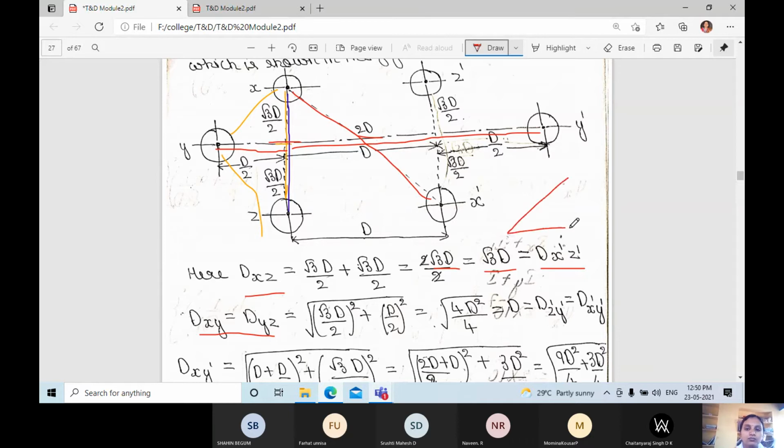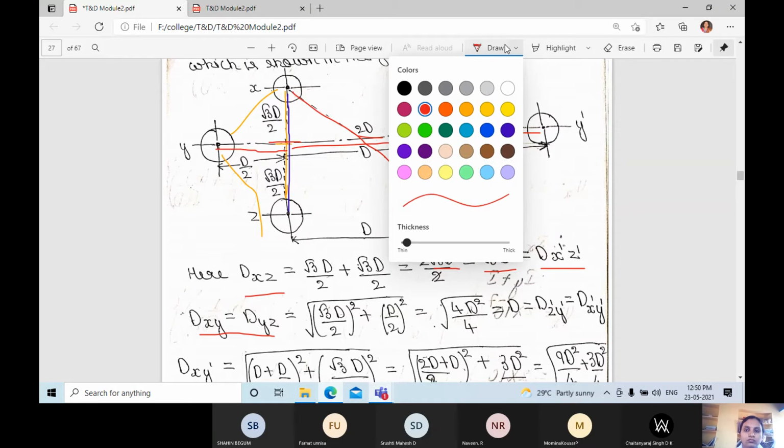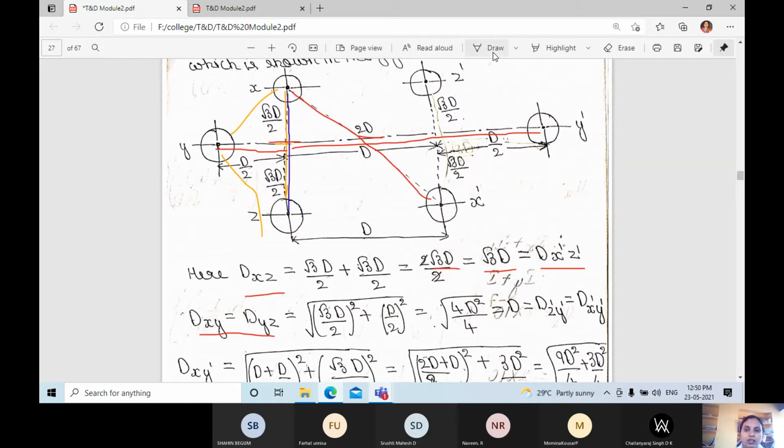For example, let's take some triangle like this. This is x and this is y. This small part I have taken.